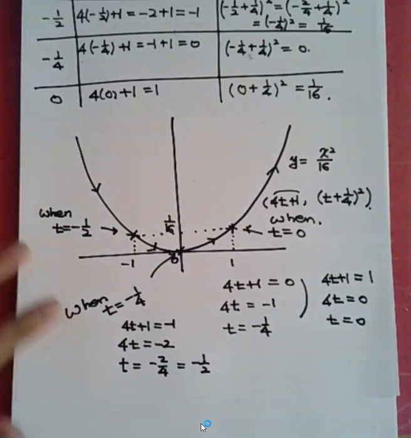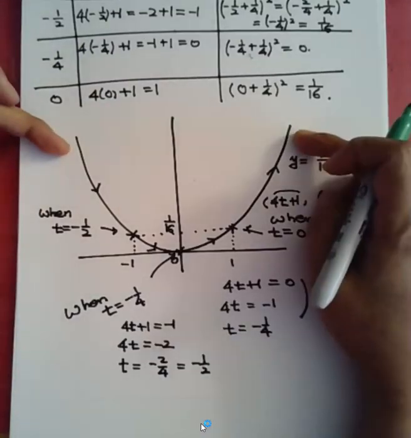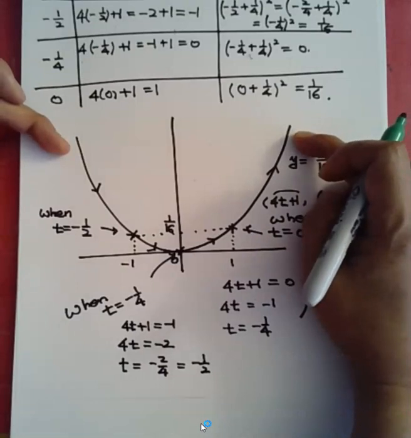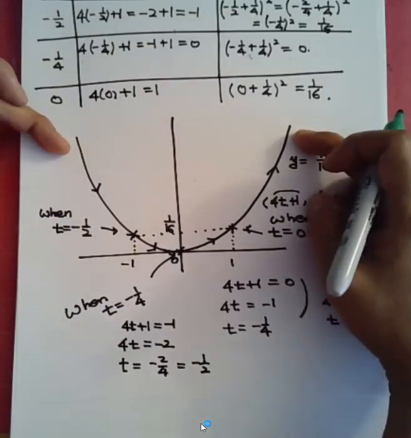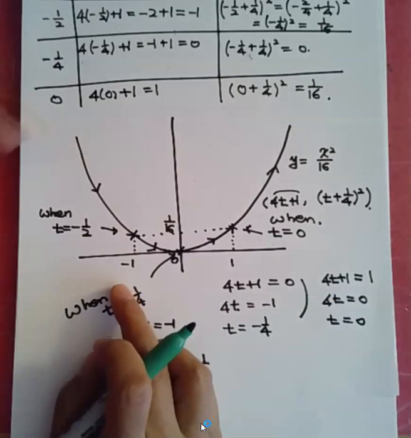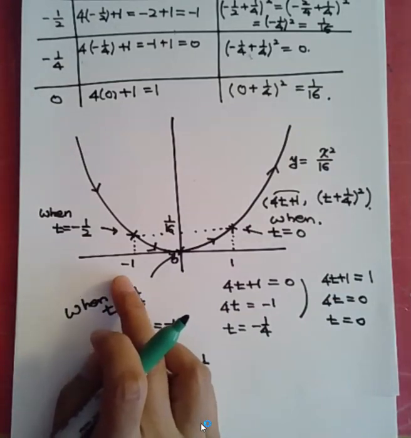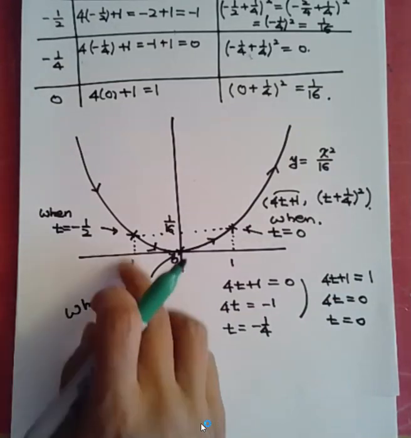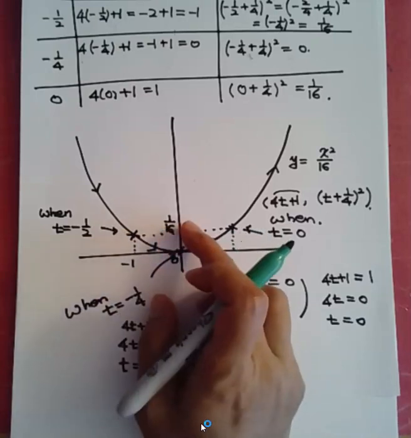You may ask me why I chose t equals -1/2 and -1/4 and 0. What I did was I looked at the parabola and evaluated y value when x value equals -1, and I obtained 1/16.